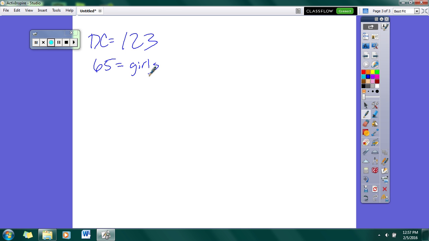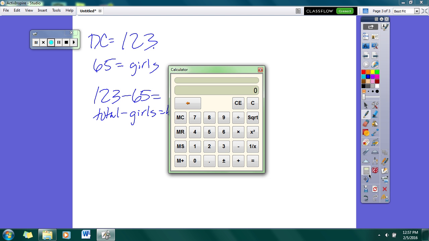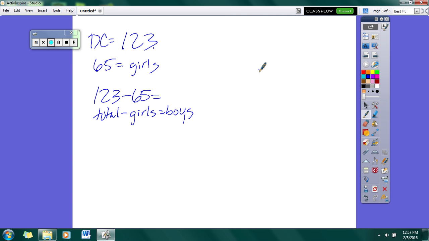If we know that we have 123 total, I'm going to subtract the girls to get the boys. So I'm going to put total minus girls, and this is going to be boys. Just to double check our math, 123 minus 65, and this would mean there's 58 boys.